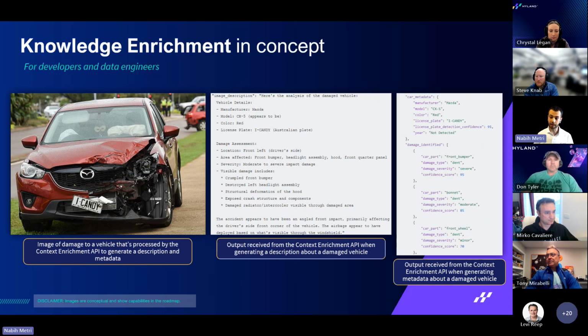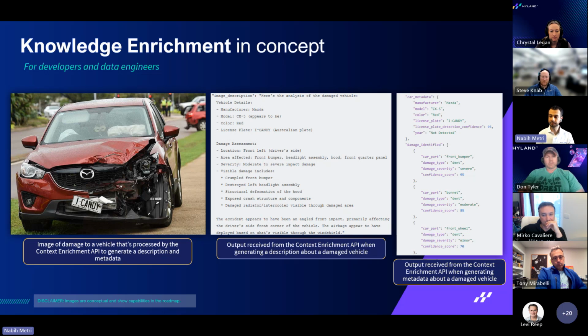I actually have a live demo that I could show you of this exact use case, where you have an image of a damaged vehicle, and you're able to identify the make, the model, the damage, the type of damage, what part is damaged, and how severe it is. The full use case for this is around insurance claims.